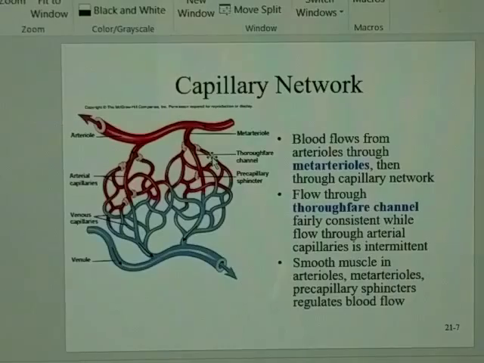Now, note the structure. In this area, where we have the arteries, there is some smooth muscle found on these capillaries.